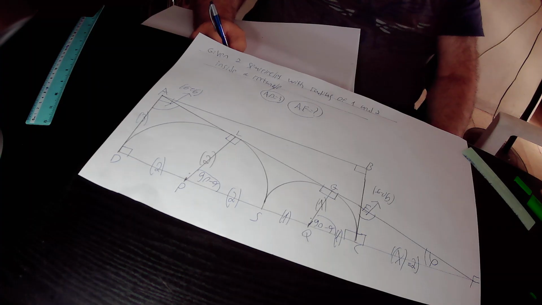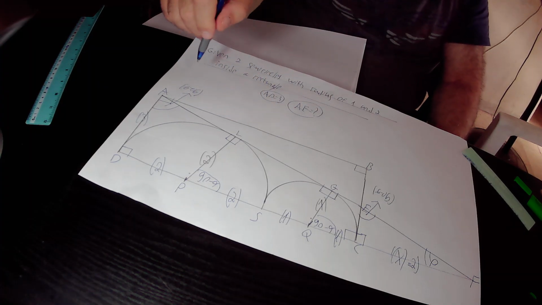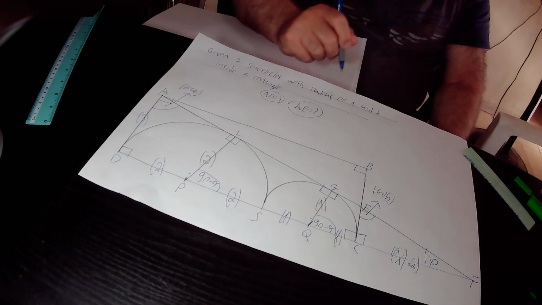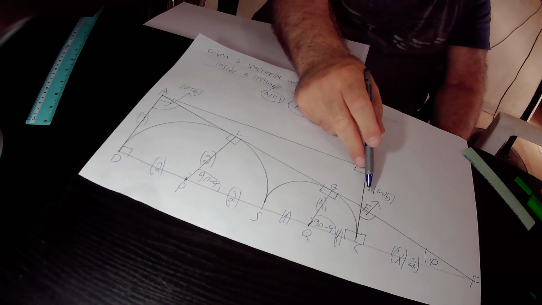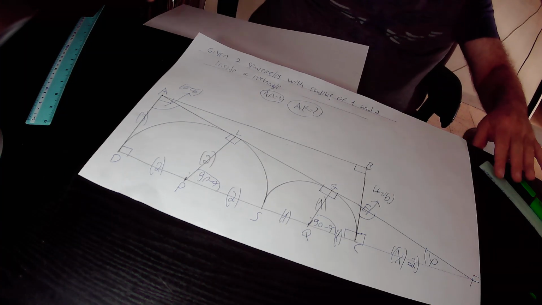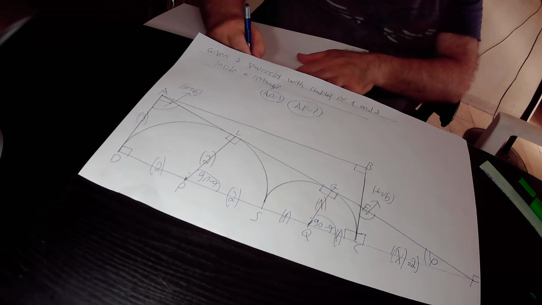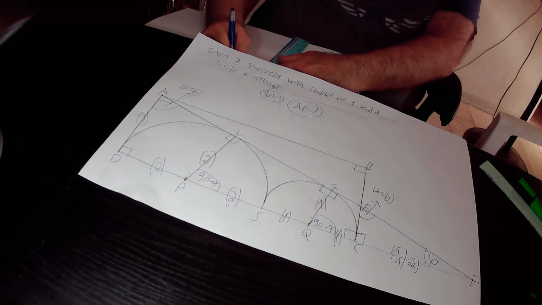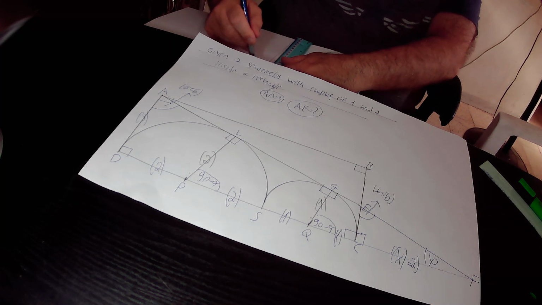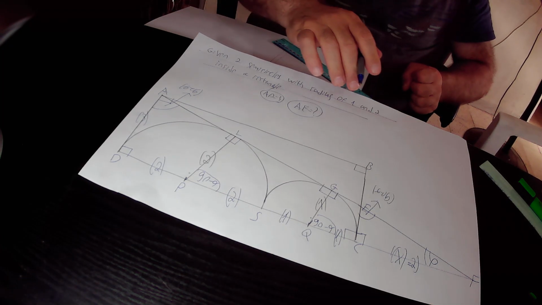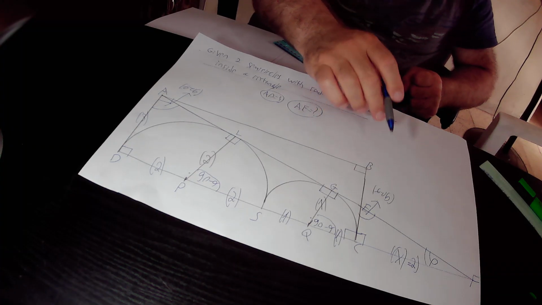Again, we prove that the biggest right triangle in this drawing, triangle ADF, is similar to the smallest right triangle in this drawing, triangle ECF.